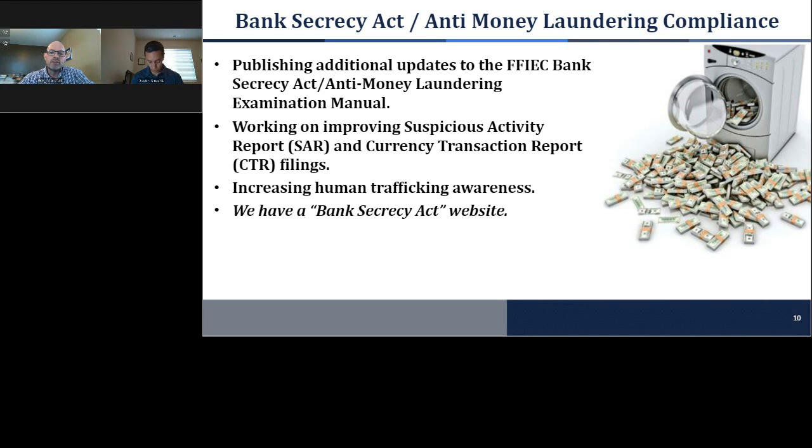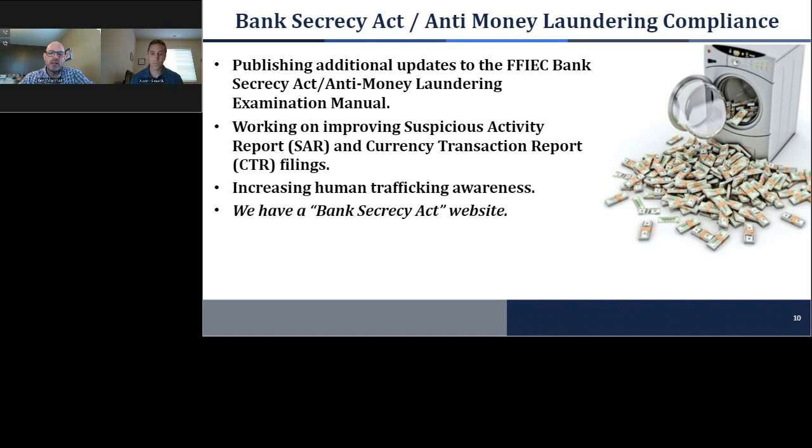Number two, working to define what a BSA and AML compliance program effectiveness looks like. Third, getting suggestions and clarifications on how to improve the suspicious activity report and the currency transaction report. They're trying to develop some streamlining in that regard.